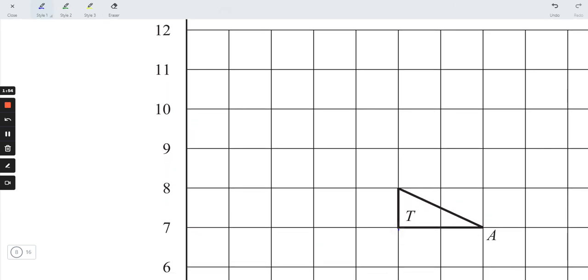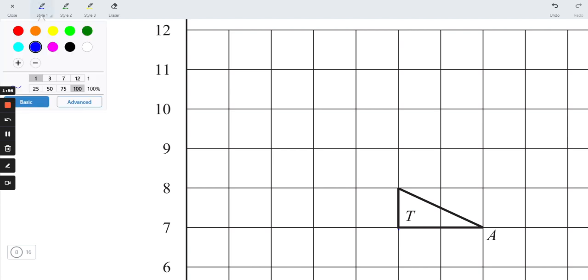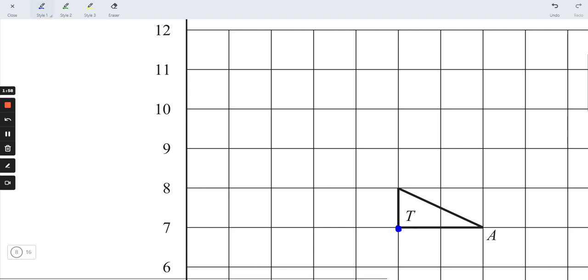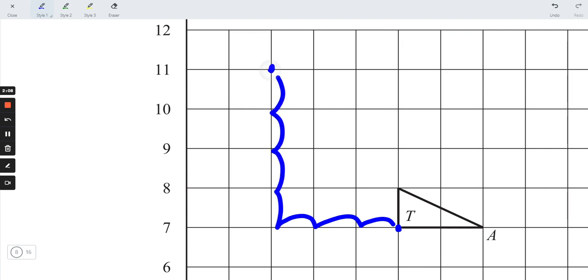So this is the vertex here. This vertex, you should move it 3 steps left, then go up 4 steps. So 1, 2, 3, 1, 2, 3, and 4. It will be here. You will do the same for all of these vertices.